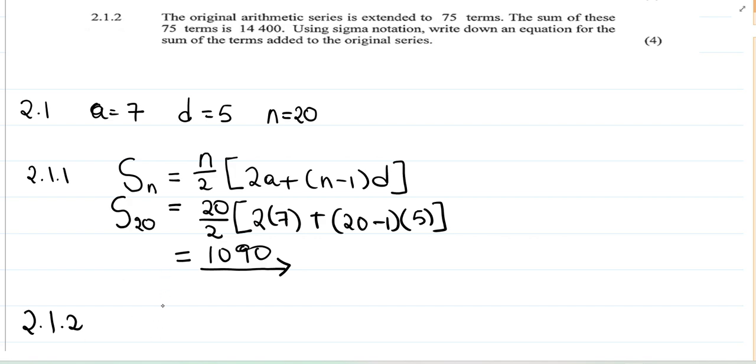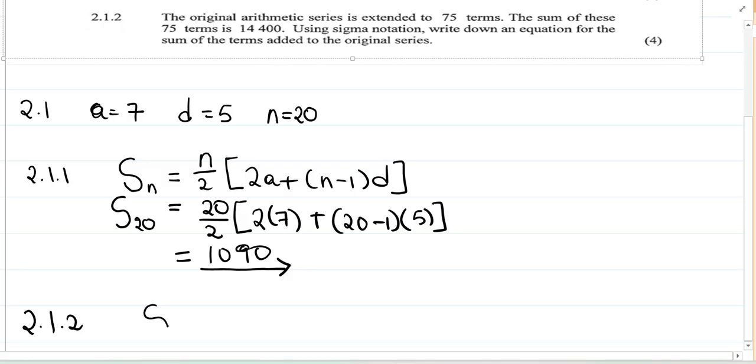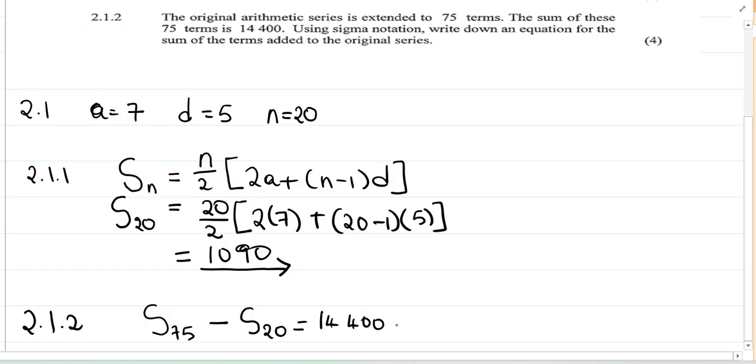So now they say the sum of the first 75 terms is equal to 14,400, and initially we had the sum of the first 20 terms equivalent to 1090. So this means that the extended part will be S75 minus the original series, which is going to be 14,400 minus 1090.